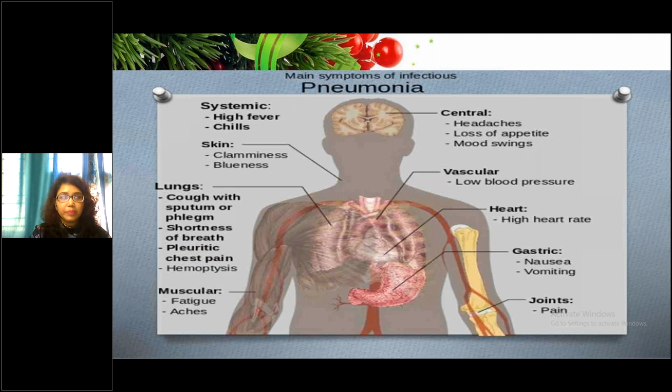The basic symptoms of pneumonia will be high fever and chills, skin clamminess, sputum production in the lungs, pleuritic chest pain, hemoptysis, shortness of breath, muscular fatigue and aches, and there can be joint pains or nausea, vomiting, high heart rate and low blood pressure, and at the same time headache, loss of appetite and mood swings. So all of these can be there due to Klebsiella pneumoniae.